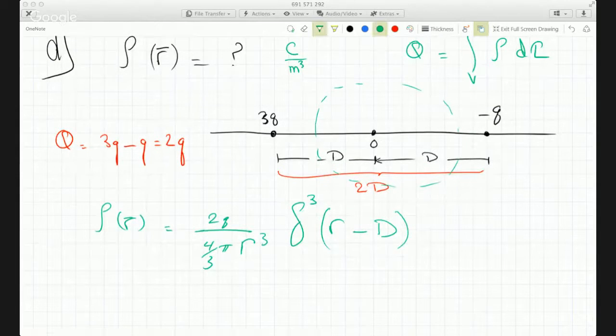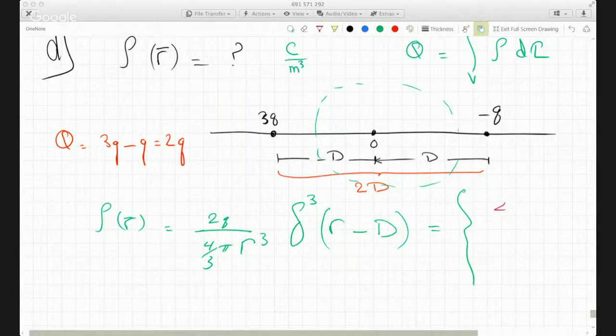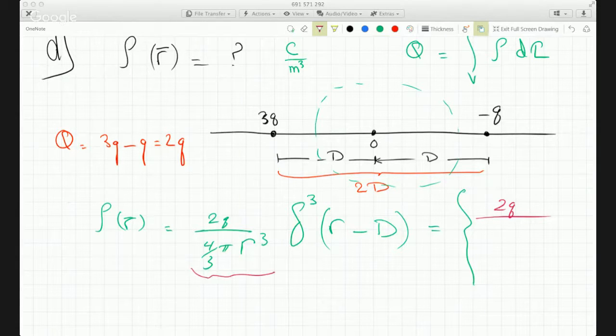So what this is telling you is that if your bounds of integration are between minus d and d, you will pick up the charge that's enclosed. You will get 2q, and the integral will pick up the value of f at r equals d. So you'll get 4/3 pi d cubed, right?